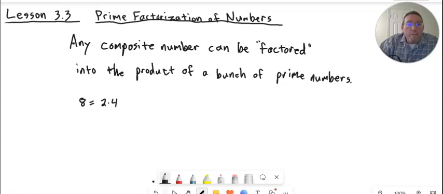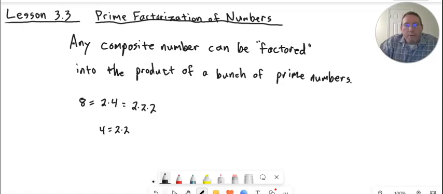But 4 is not a prime number. 4 is a composite number. 4 is equal to 2 times 2, which is 2 prime numbers. And therefore, if we replace this 4 with 2 times 2, we wind up with 8 is equal to 2 times 2 times 2. And that is a prime factorization of 8.